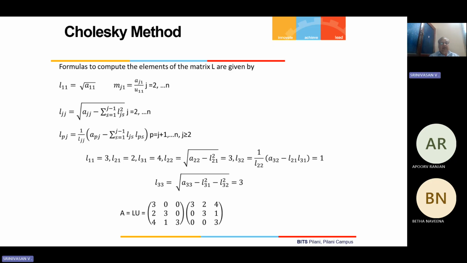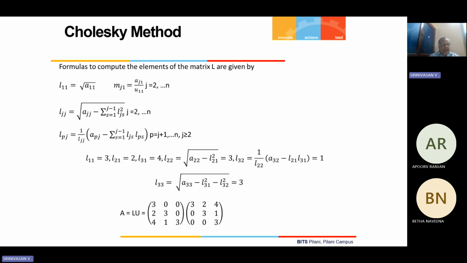This is root 9 because A11 is 9, so 3. And L21. L21 is A21 by A11. What is A21? A21 is 6. So 6 by 3, you have 2.